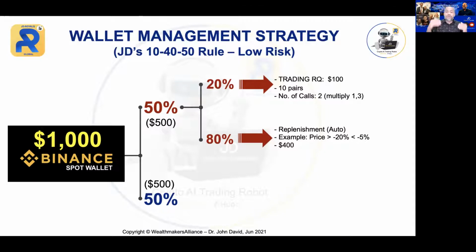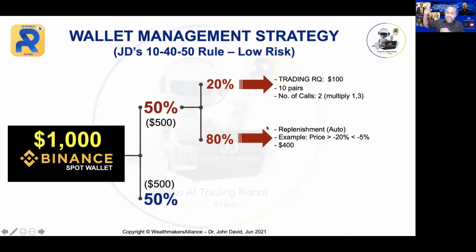So when the market goes lower, what happens? You have the $400 or 80% for the robot to do the automatic replenishment for you without you interfering. So leave the robot to do the job. Now, when the robot is doing the job, for example, and that $400 is consumed, your 50%, which is $500, is totally consumed.